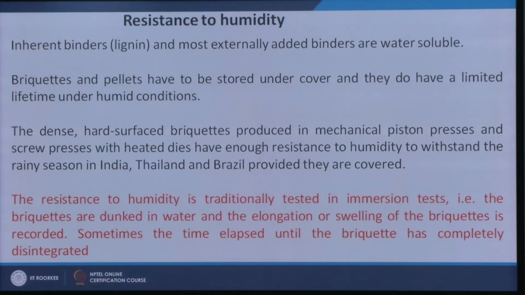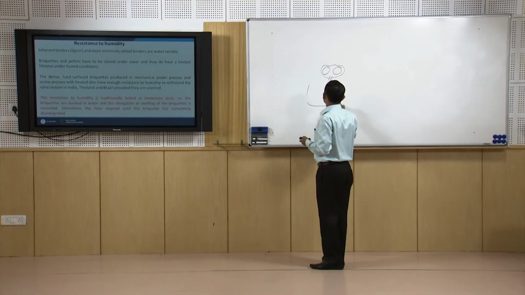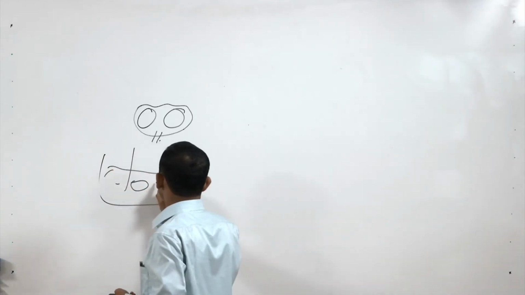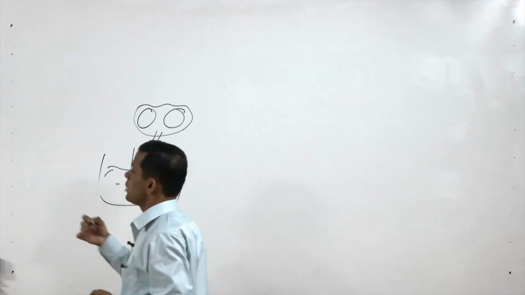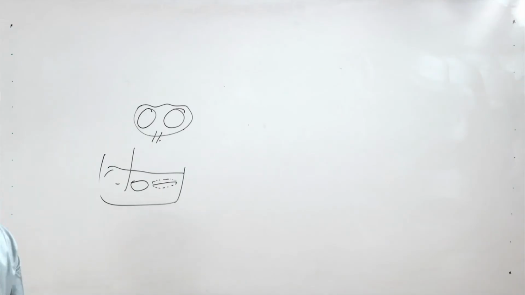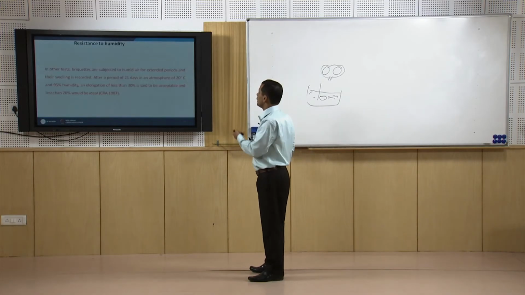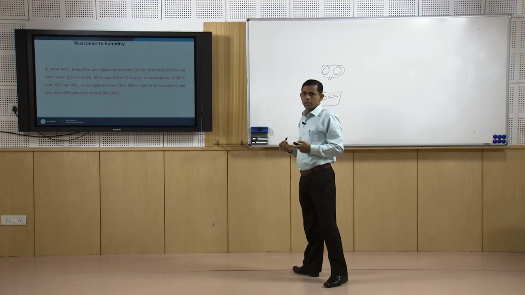The briquettes are dunked in water and the elongation or swelling of the briquettes is recorded. If we dunk some briquettes in water, after certain times the briquettes are elongated. This way we can quantify how much elongation has taken place after how much time, and so quantify the resistance to humidity.